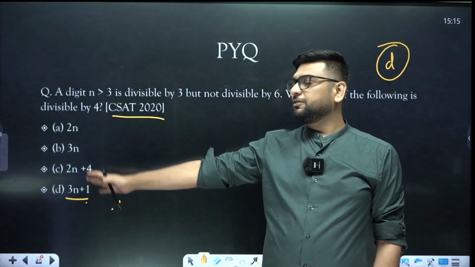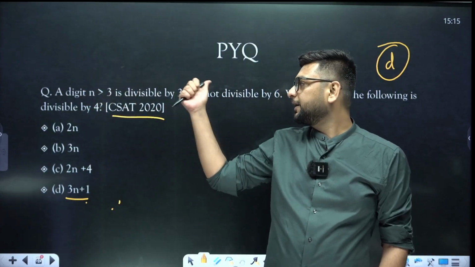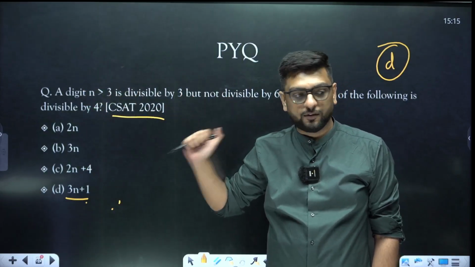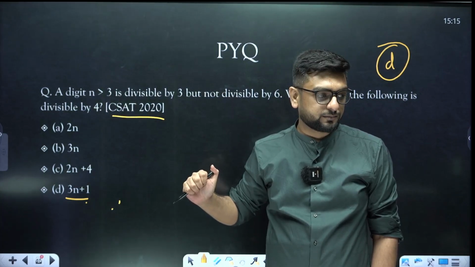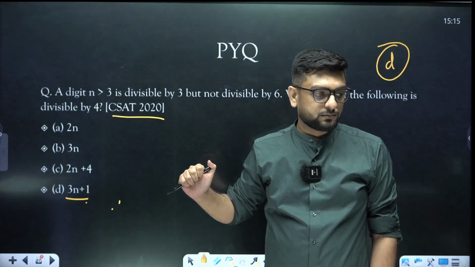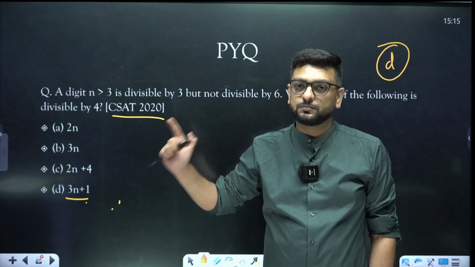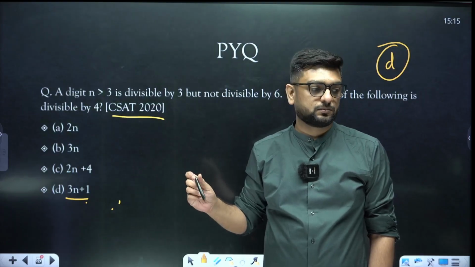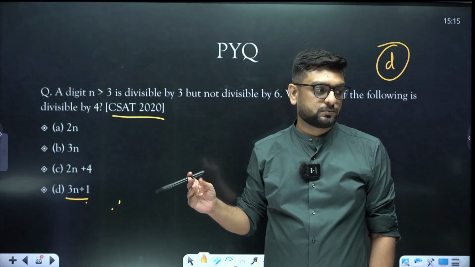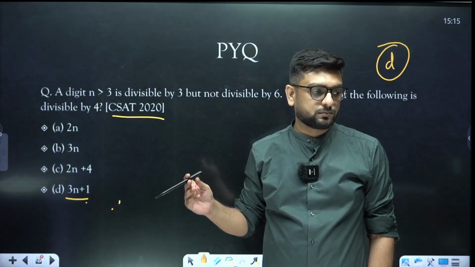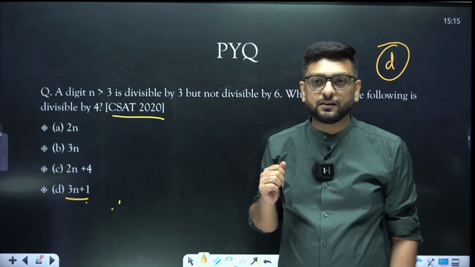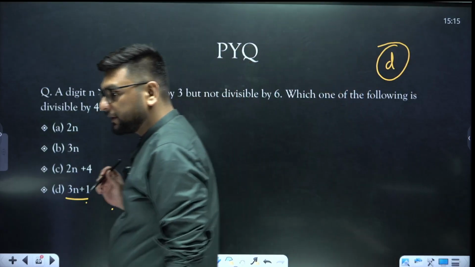If I take the value of n as 15, which is not divisible by 6, right? Will I get the answer? So how is the answer D? D कैसे हुआ ये?